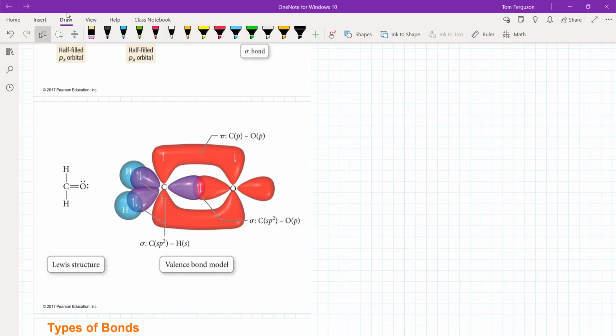Now this is what a double bond looks like. Okay, so you've got the C here with electrons around it. Got the oxygen here, same thing.